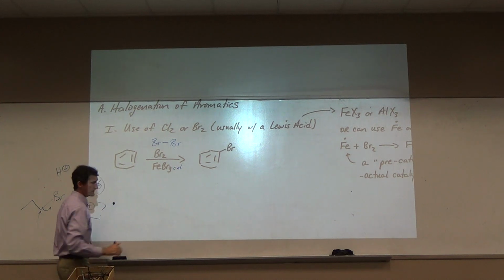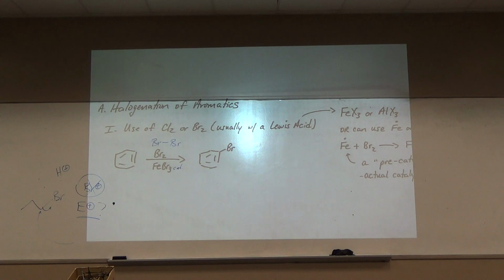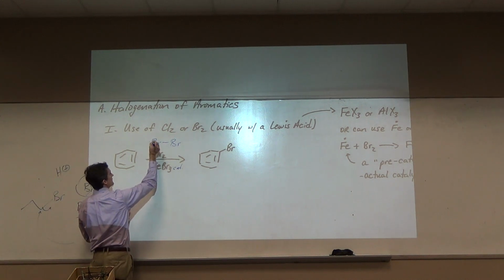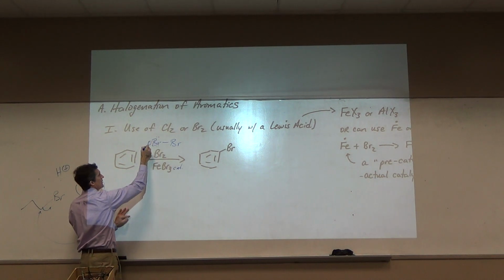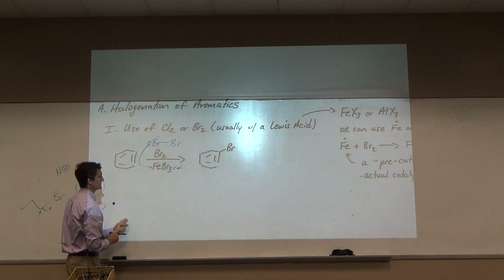These transition metals tend to have empty d orbitals. And so the transition metals tend to be electrophilic. And what happens here is the bromine lone pair will coordinate with the Lewis acid.